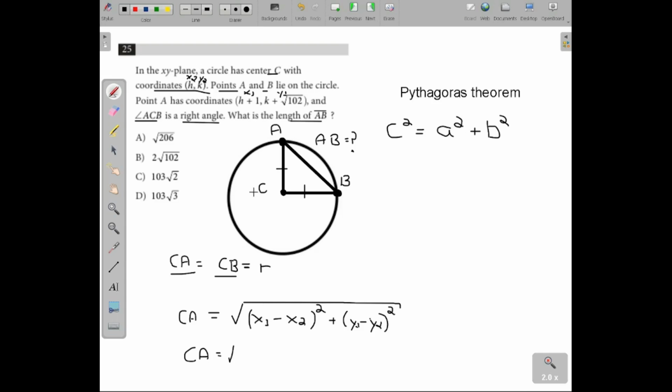X sub 1 is equal to h plus 1, minus x sub 2, which is h, all of this squared, plus y sub 1, which is k plus the square root of 102, minus k, squared.